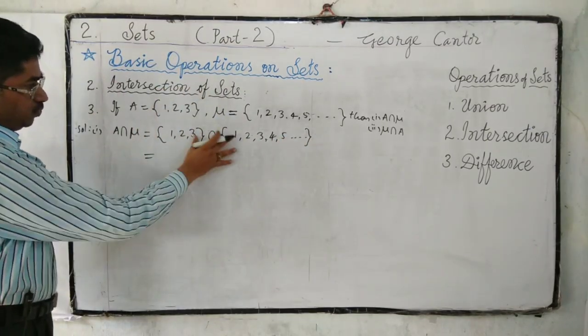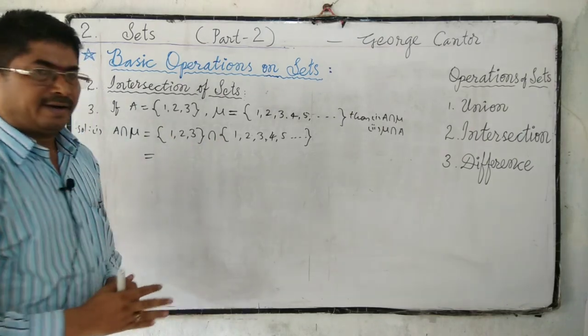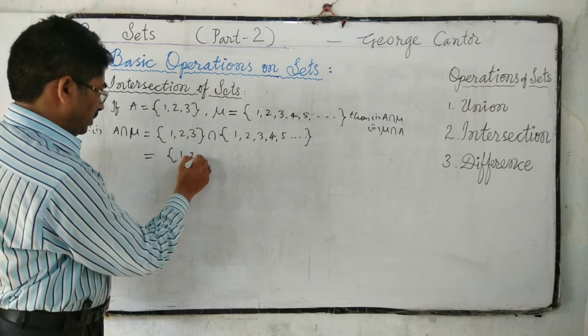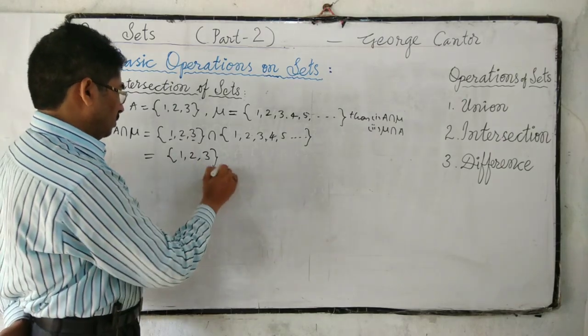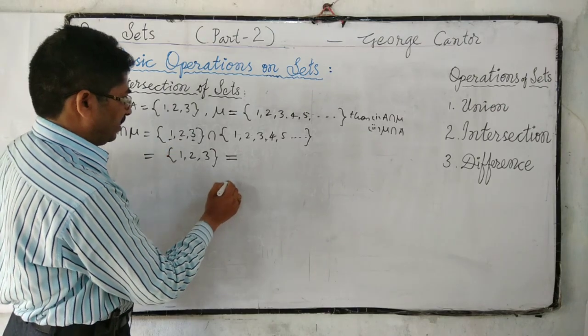These two sets contain 1, 2, 3 as the only common elements. So what we got is A only.